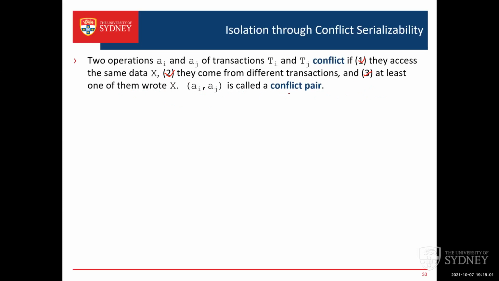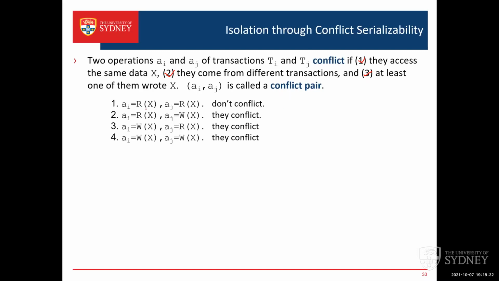Once again, remember these three conditions. First, they are working on the same data item. Second, they are coming from different transactions. Third, at least one of them is writing X, that means changing or updating X. That simply means if I have read and read, there is no conflict.